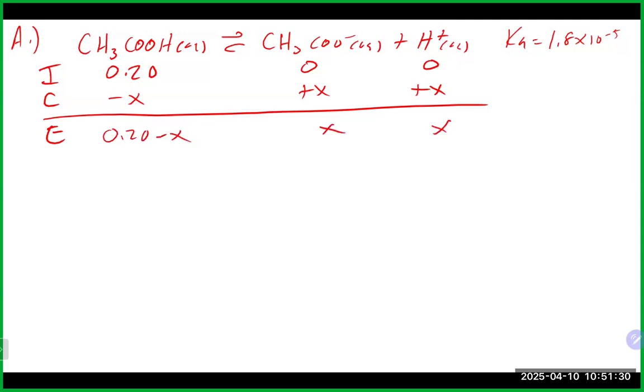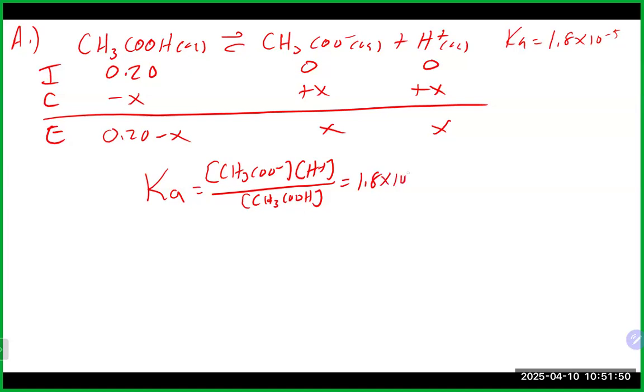So really just a basic Ka type of problem like we've done previously. This should go into our Ka expression, which again is our products divided by our reactants. Putting in there x squared over 0.2 minus x equals 1.8 times 10 to the minus 5.